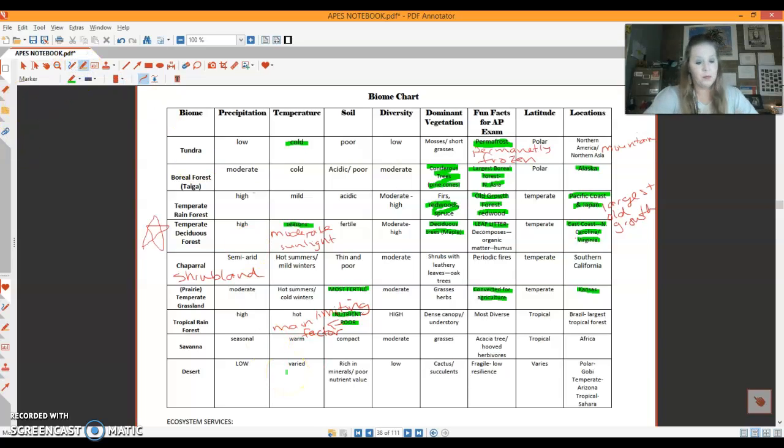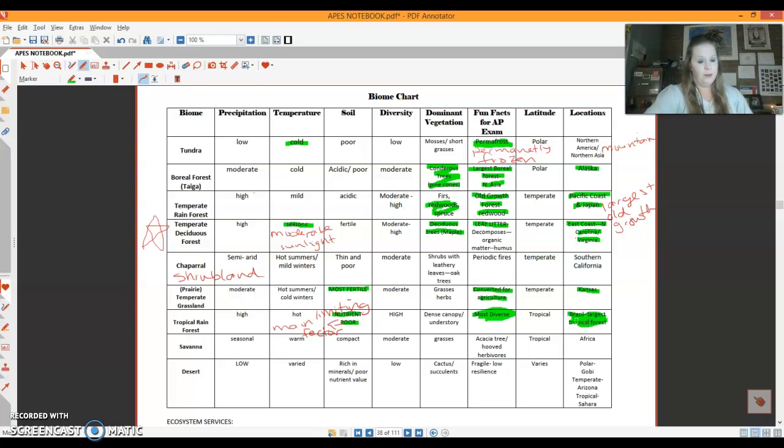So we know that it is the most diverse terrestrial ecosystem on the planet. There are more animals and plants there than any other terrestrial ecosystem on the planet. And I think you guys know this, but it's important to just go ahead and highlight that Brazil has the largest, which is the Amazon. It is not the only one in the world, but it is the largest.